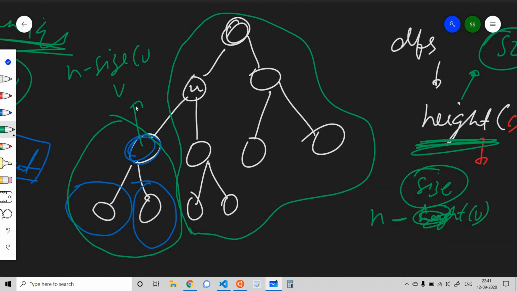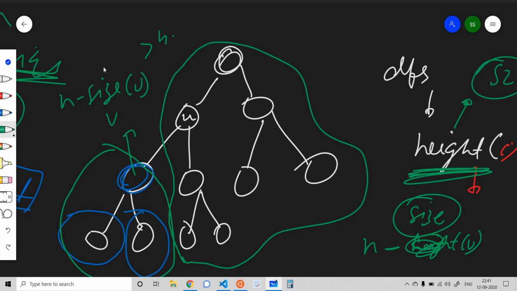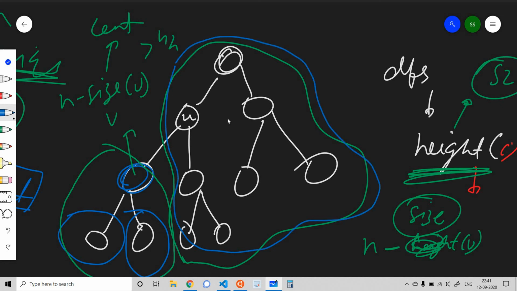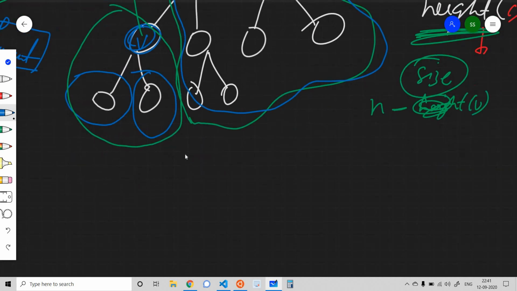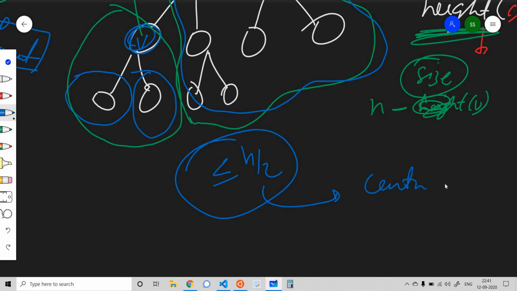If I see this is greater than n by 2, then this cannot be my centroid. Simply I can find out the size of this component by doing n minus size of v, if this is v. I check whether all the components are having lesser than or equal to n by 2 nodes, then it should tell me that this node, the current node, is my centroid.